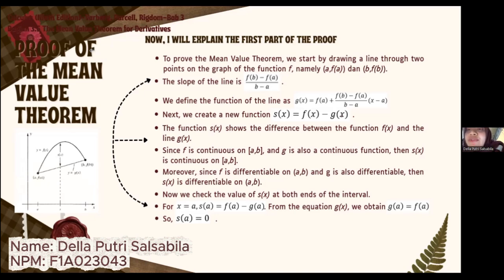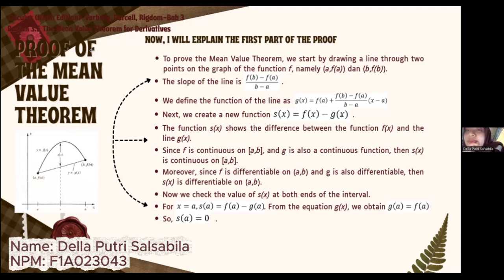Now we check the value of s of x at both ends of the interval. For x equals a, s of a equals f of a minus g of a. From the equation of g of x, we obtain g of a equals f of a. So s of a equals 0.